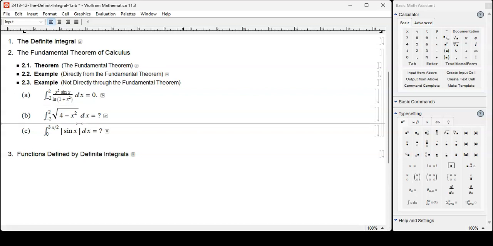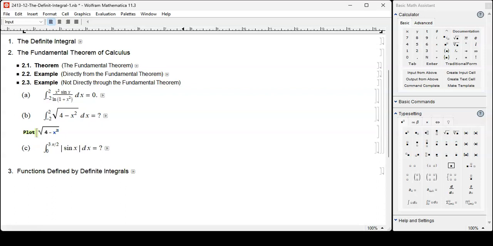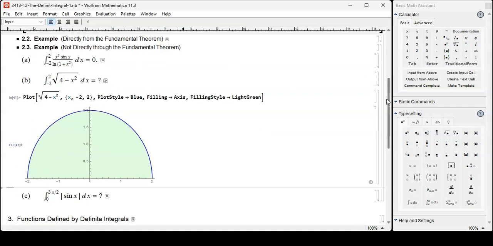Speaking of a graph, how about this? They're plotting from -2 to +2. We have a circle.